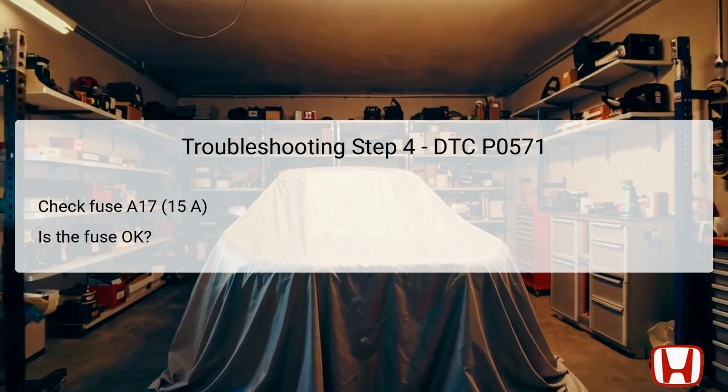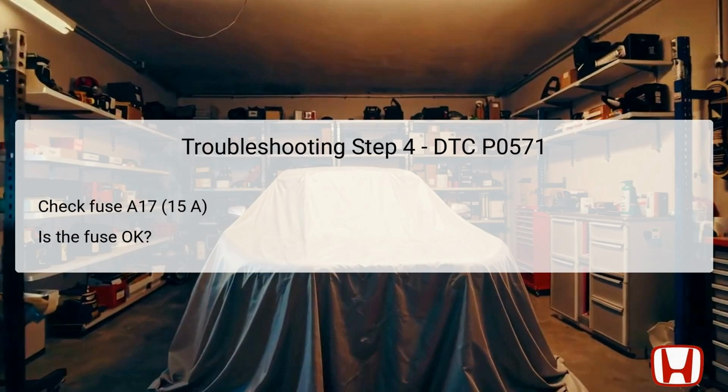In the 4th step of troubleshooting DTC P0571, the A17 fuse must be checked, which is located in the underhood fuse relay box. This fuse protects the electrical circuit for the brake pedal position switch and should be inspected visually for damage or continuity using a multimeter.